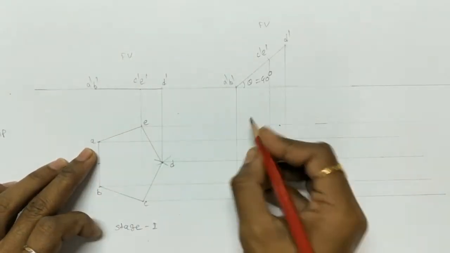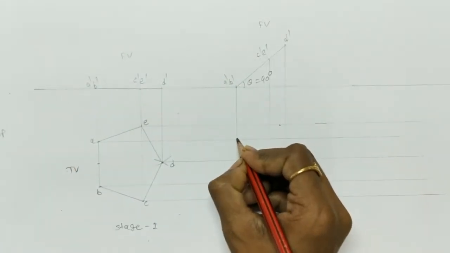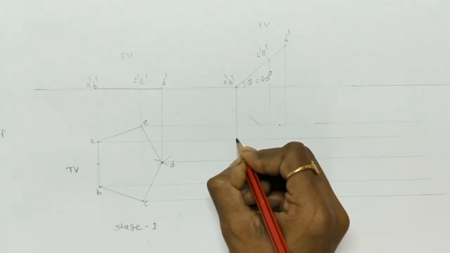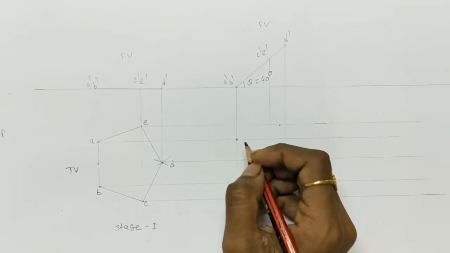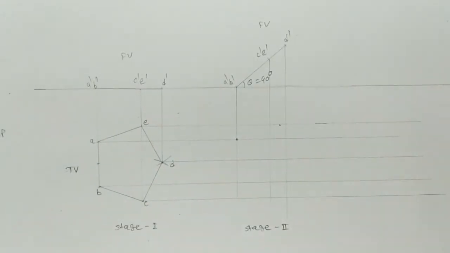This is A and A dash B dash line. So this is point A, or in stage 2 we can say it as A1.